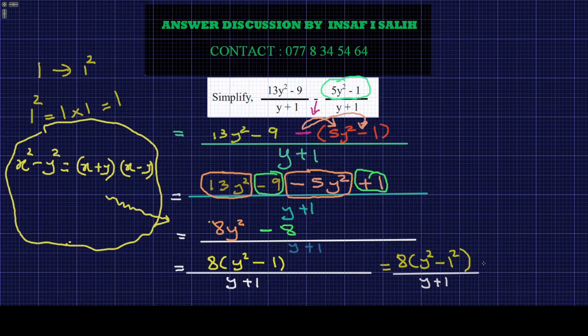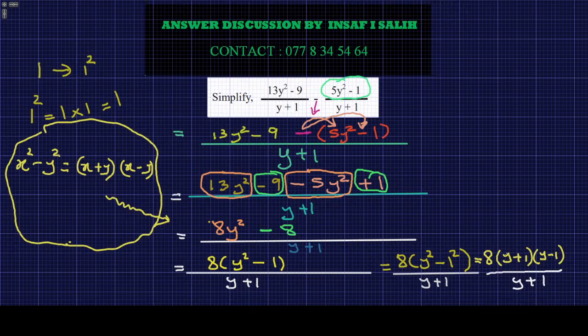So let the 8 be as it is. Y squared minus 1 squared can be factorized as what? Y plus 1, y minus 1, divided by y plus 1. Now what can we do next? We see that, now how do we read the numerator?